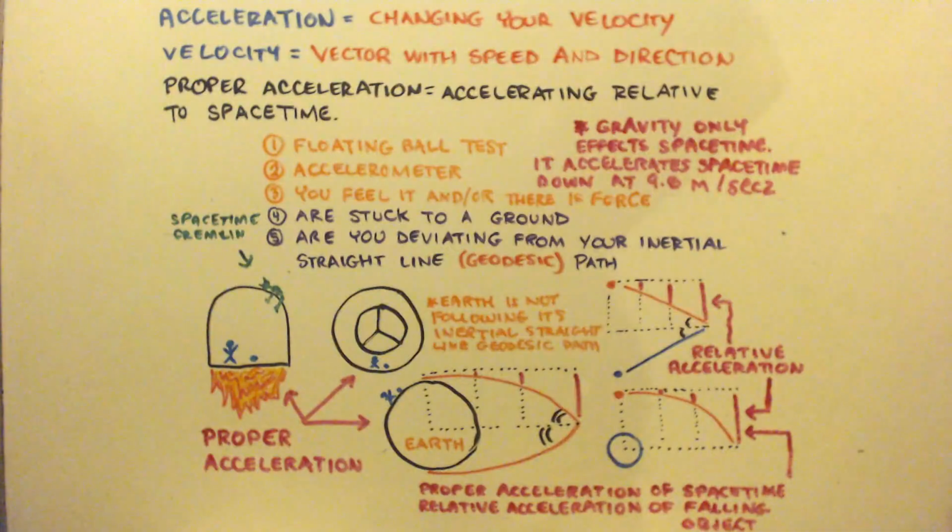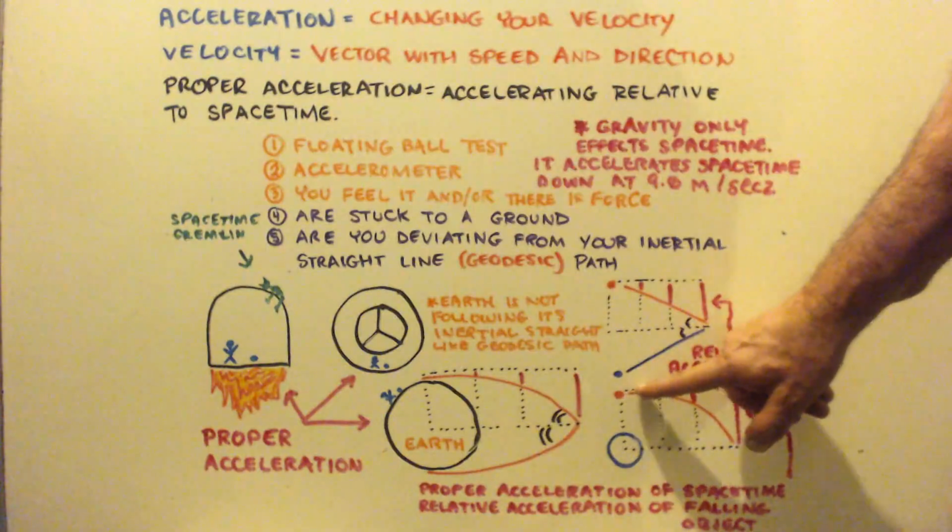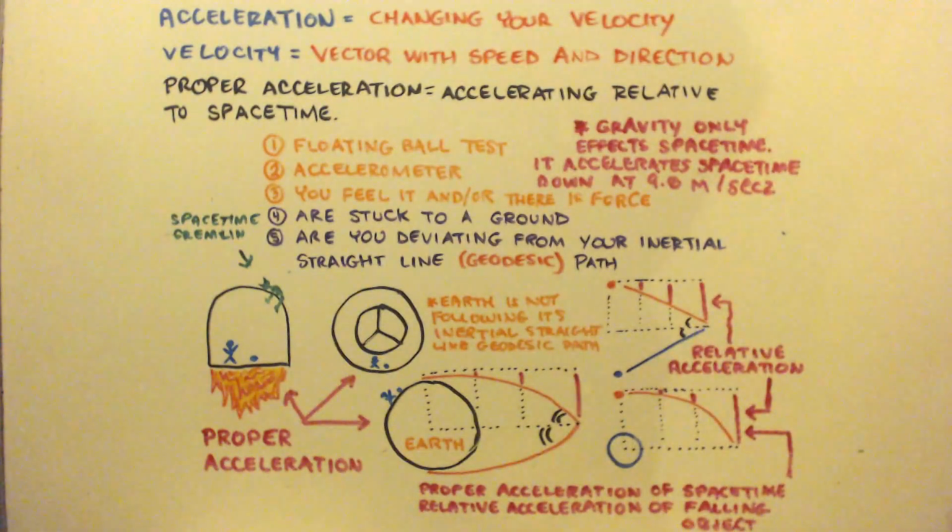It's the space-time. Proper acceleration is happening on the space-time. That's why this is curved. Curved lines on a graph represent acceleration. But the ball isn't accelerating. If the ball had an accelerometer, it would say it was inertial. It's not accelerating, it's floating, just like in outer space.